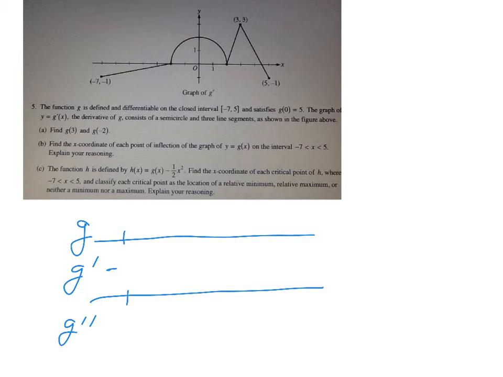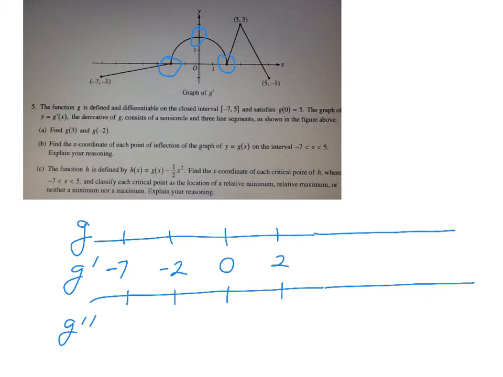So I'm going to put on my endpoints, negative 7. Then again here something happens at negative 2. I'm going to put this relative maximum there at 0. Here's another 0 happening here at 2. Need to extend this a little bit.